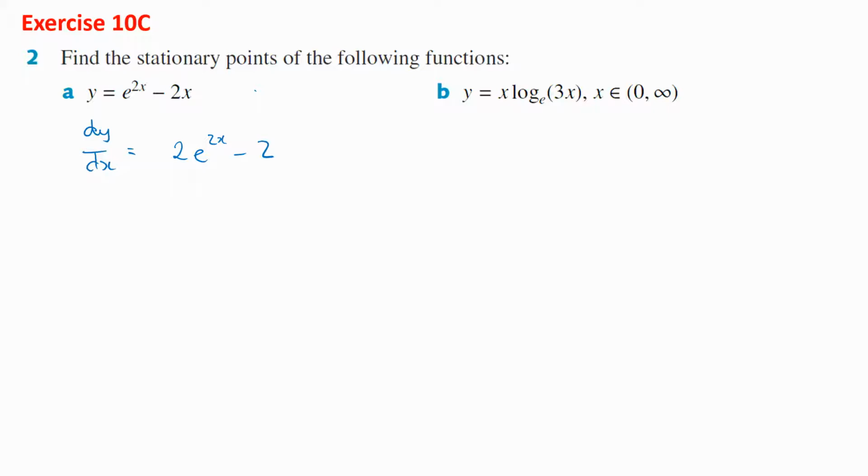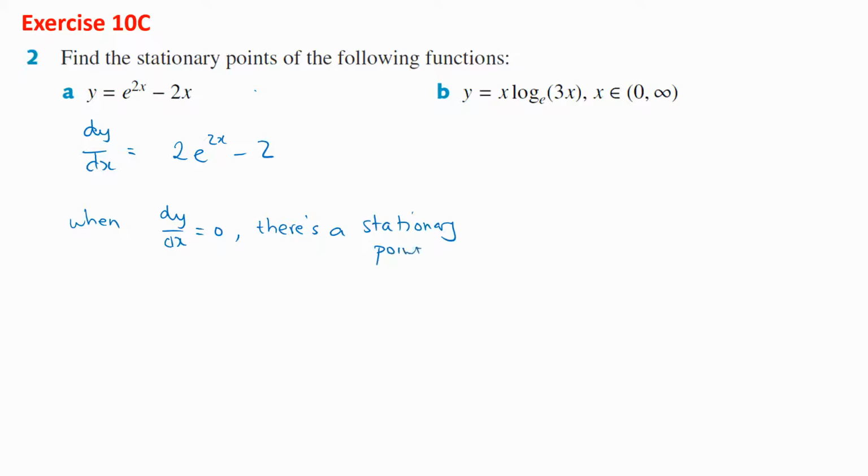Found dy dx. Remember, don't just jump into the equation, don't do this in the exam, don't just write 0 equals 2e^2x minus 2, don't do that. Write dy dx equals 0. Why did you put that 0? Because when dy dx equals 0, there's a stationary point.